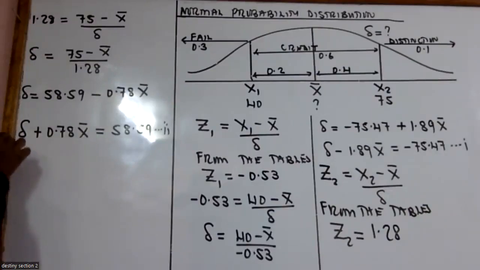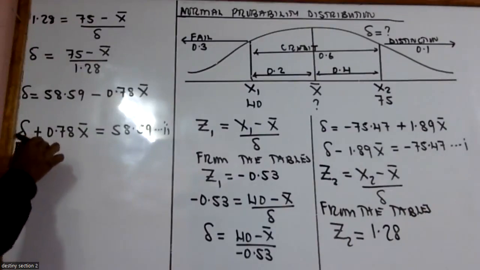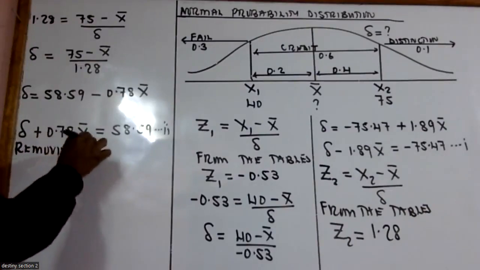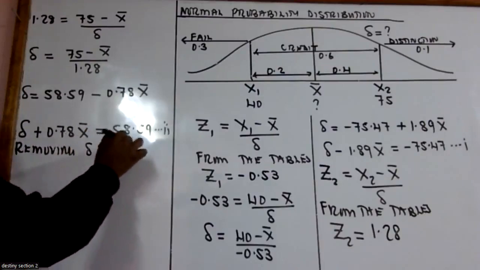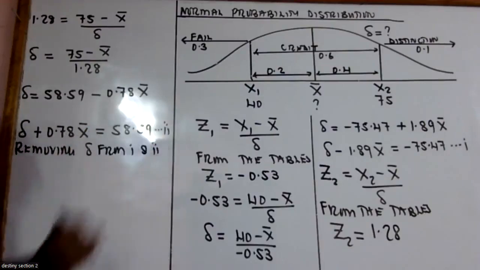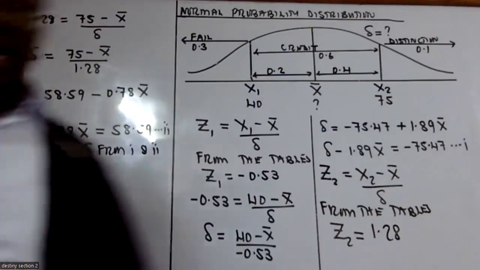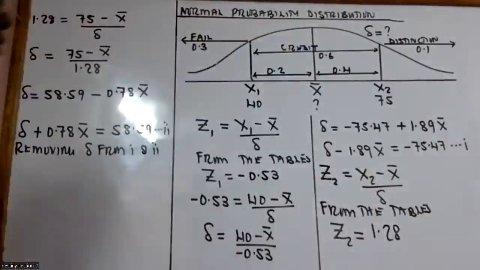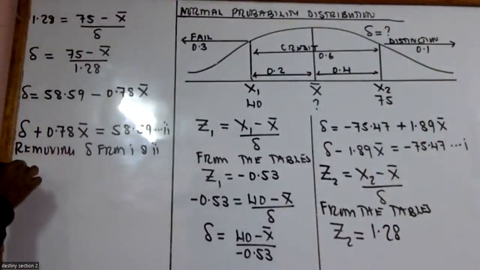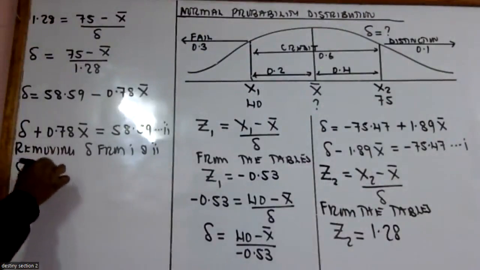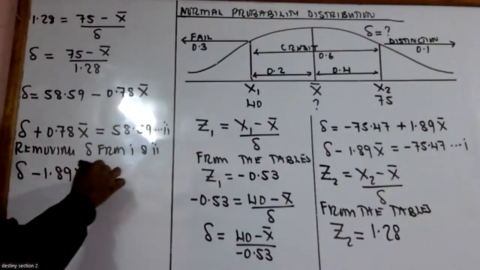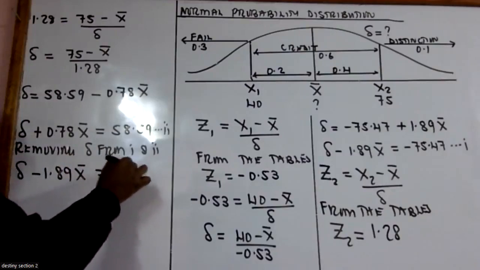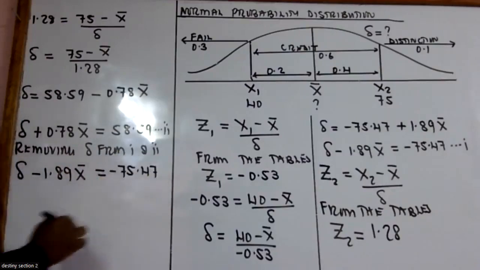So removing standard deviation from 1 and 2. Mtachukua standard deviation ile ya 1 minus 1.89 x bar equals negative 75.47.